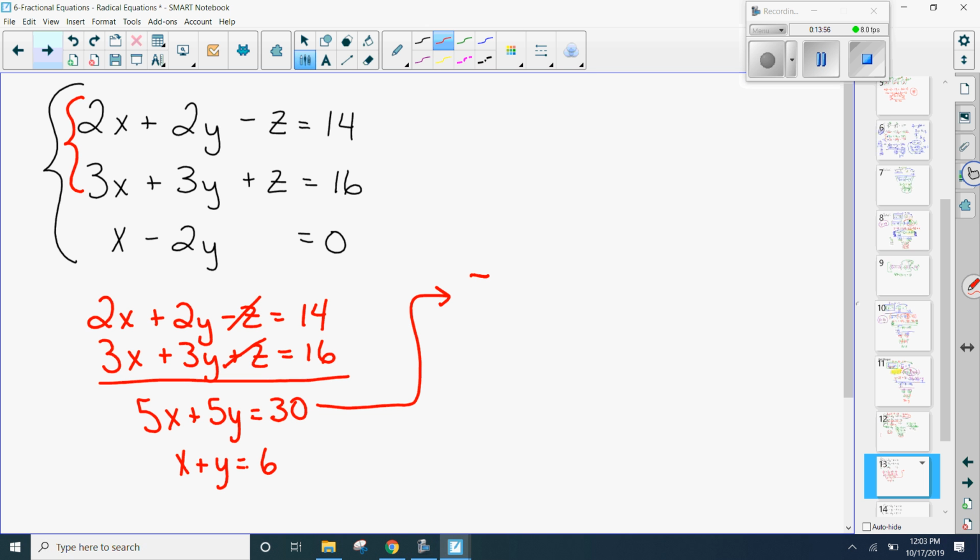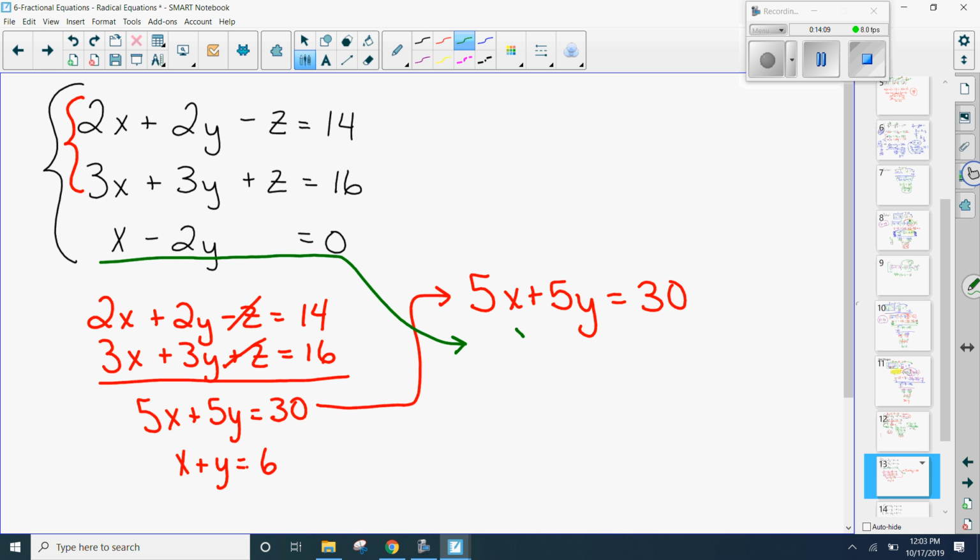But if you choose not to do that and you just take that equation that you got, you have one more equation that you did not work with. What's the equation you did not work with? The bottom one. So I'm going to take that equation and stick it underneath there, and that should look like a familiar type of problem. Because what would you do to solve that? Elimination, substitution.